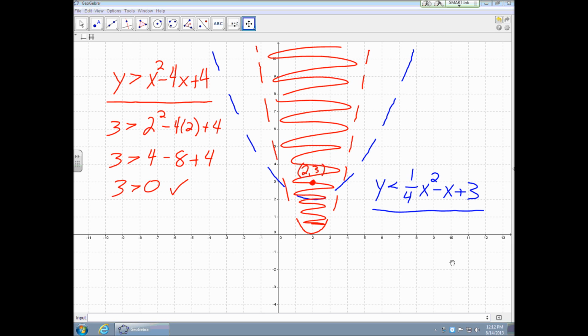Okay, so now let's move over to the blue quadratic, and let's pick a point. Since I see this fraction has 1/4, I want to pick a point that has 4 in it for x, because it's going to help me cancel out. We pick the point 4, 0, so 0 gets plugged in for y, and for x, we're going to put 4.